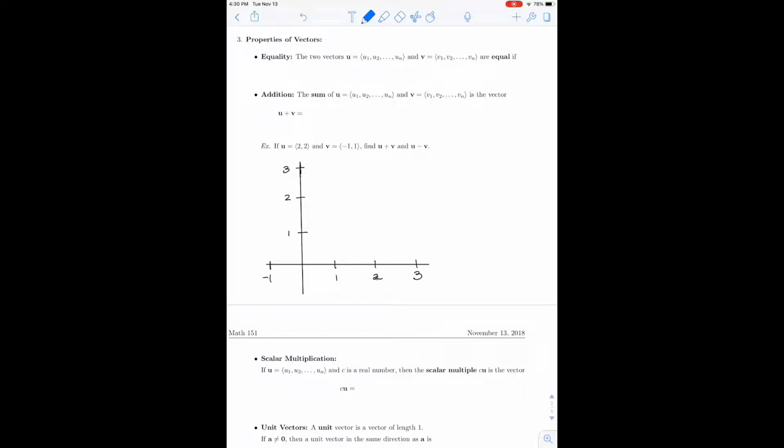So if we have a vector ⟨u1, u2 through un⟩ and a vector ⟨v1, v2 through vn⟩, then those 2 vectors are equal if u1 equals v1, u2 equals v2, and all the other pairs of components are equal, all the way down to un equaling vn.